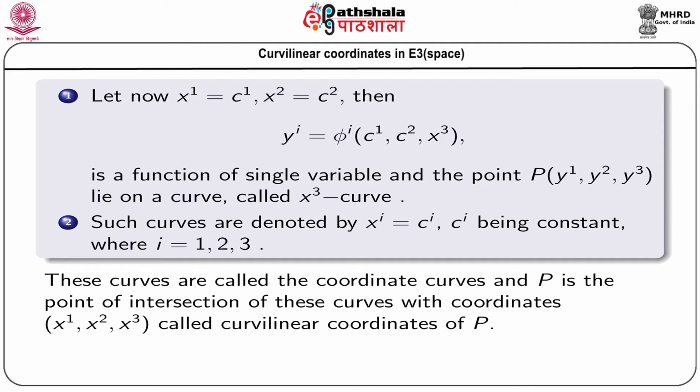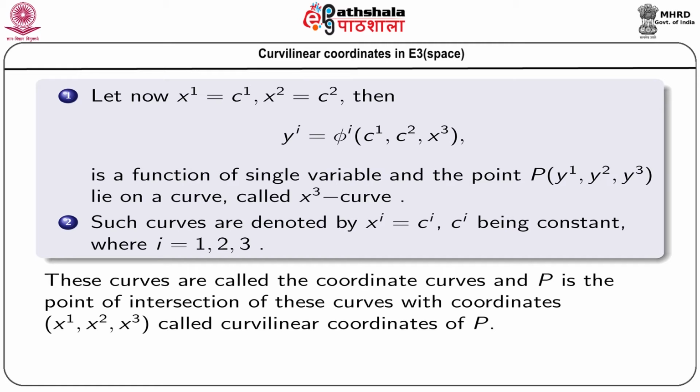Now, these curves are called the coordinate curves, and P is the point of intersection of these curves with coordinates x1, x2, x3, which are called the curvilinear coordinates of P. So, P now has two types of representation.